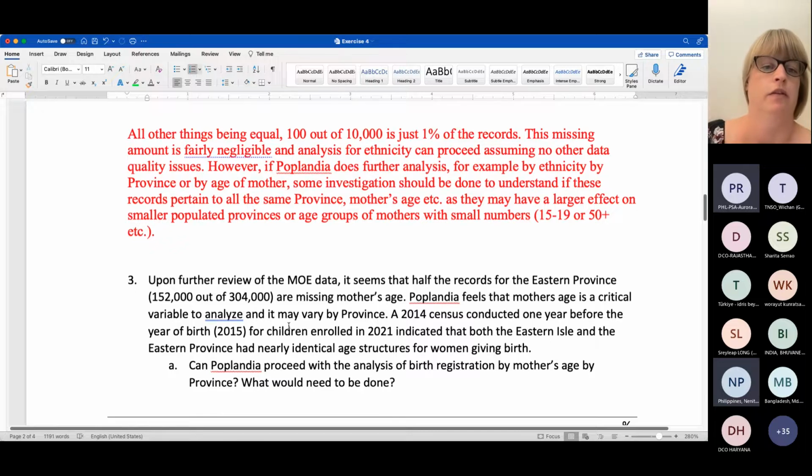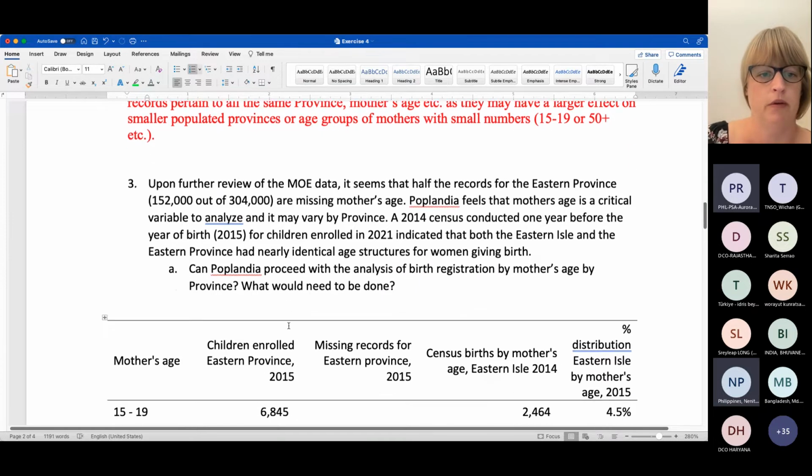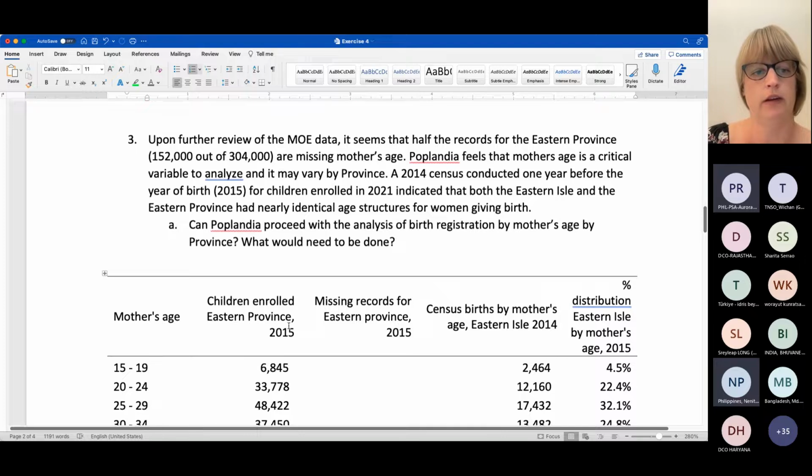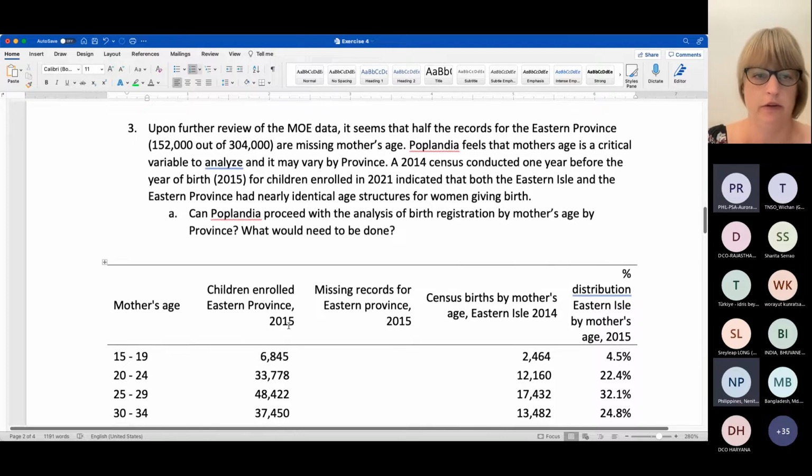Fantastic. So let's briefly read question 3, and then I'll give you a couple of minutes to think this over. This is maybe a little bit of a practical exercise of what could be done. So upon further review of the Ministry of Education data, it would seem that half of the records for the Eastern Province are missing mother's age. Poplandia feels that mother's age is a critical variable to analyze, and it also may vary by province.